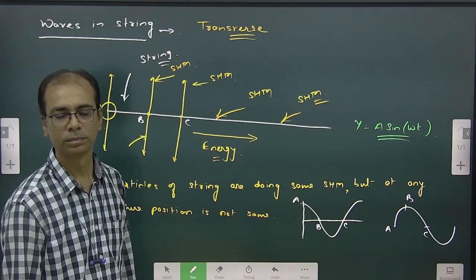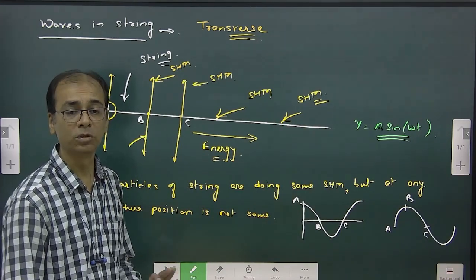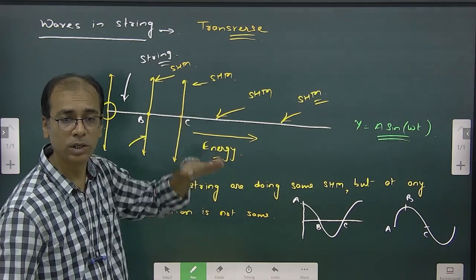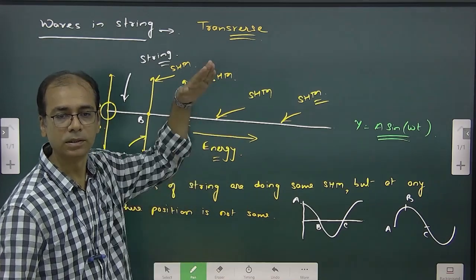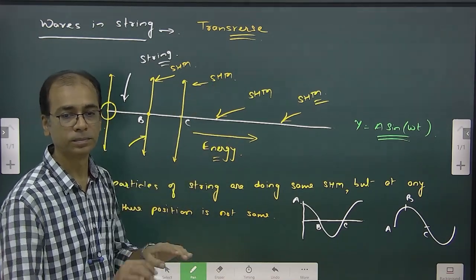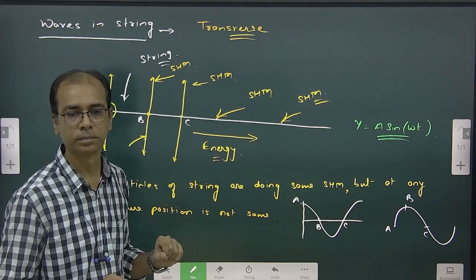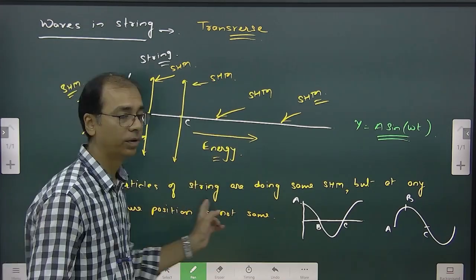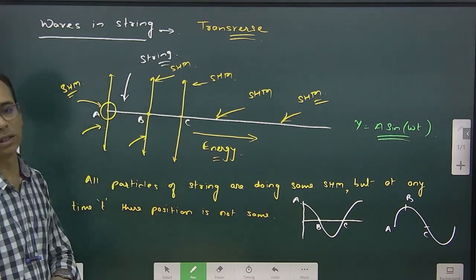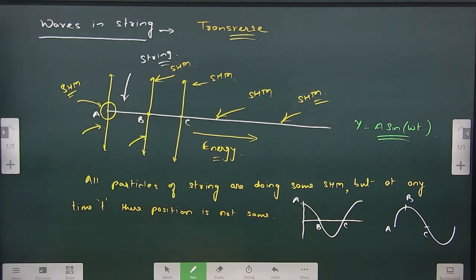These keep on changing. All the particles are doing SHM like this, but their positions are not identical. Their positions are different. Is it clear, students, so far? Yes, sir. Okay, note it.